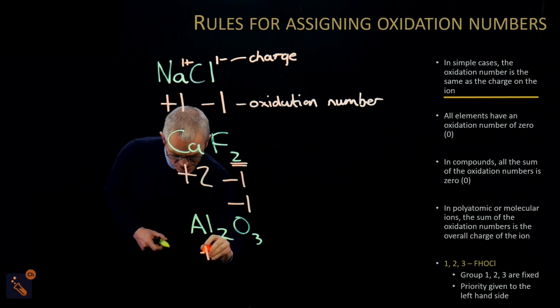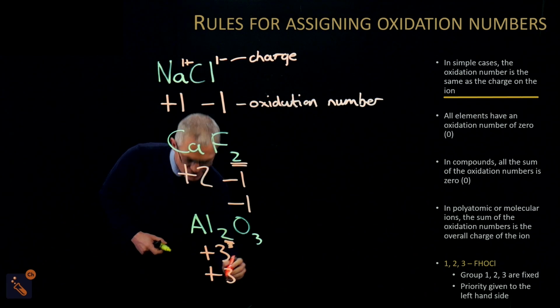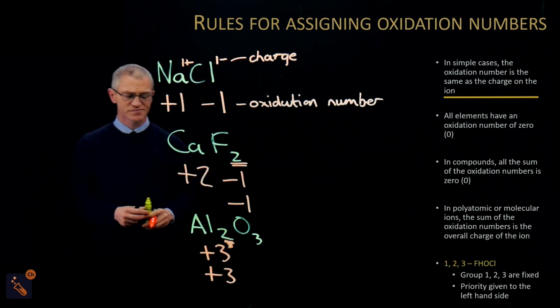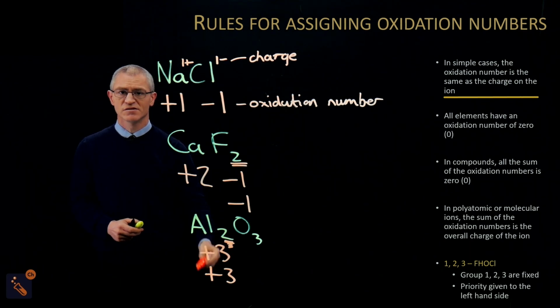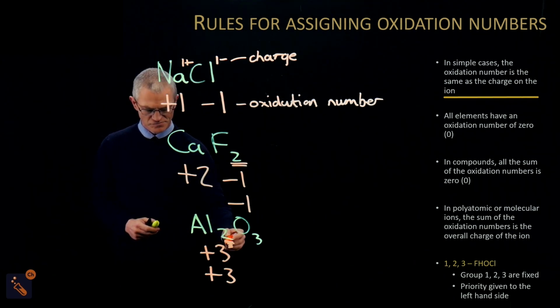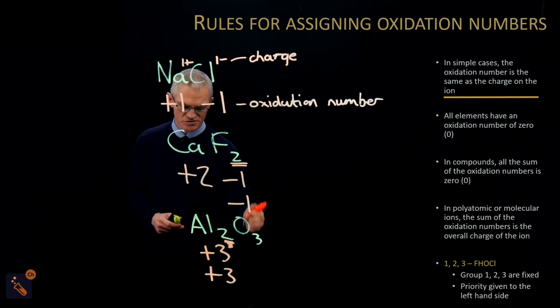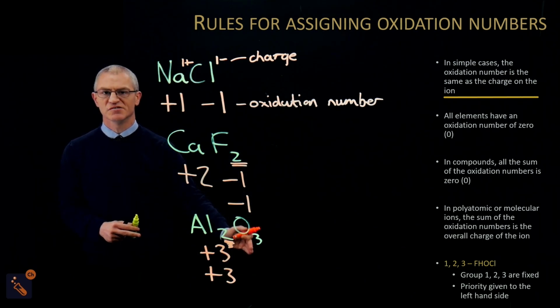Okay, so this is +3, but there are 2 of them. So I will go +3, and that means there's a total on this side of +6. And because this is +6, I need the oxygens, or the oxide ions, to also equal the opposite, which is -6.